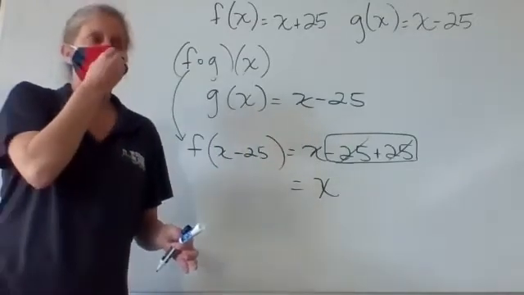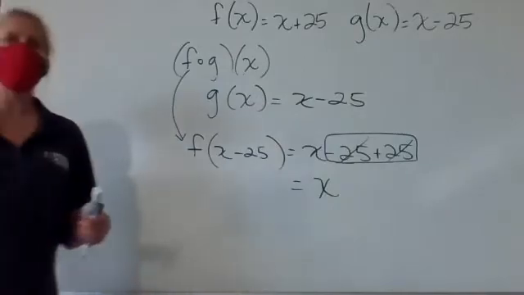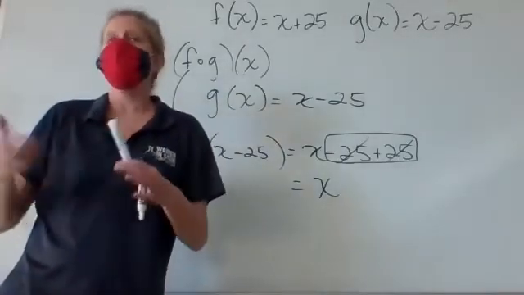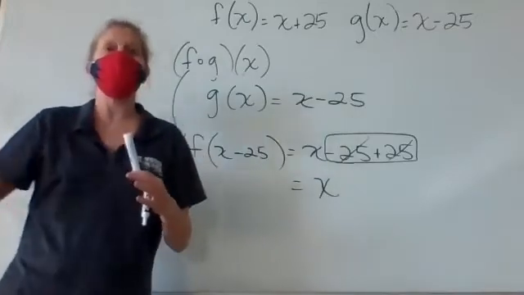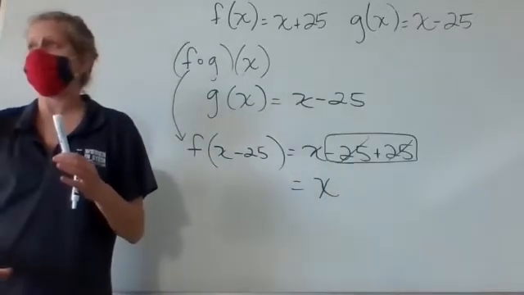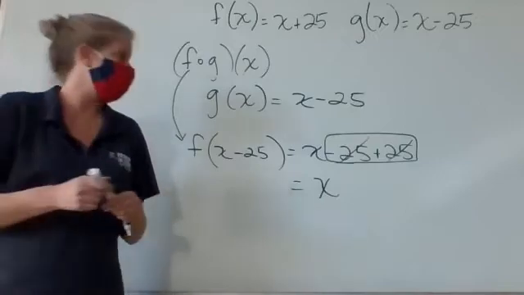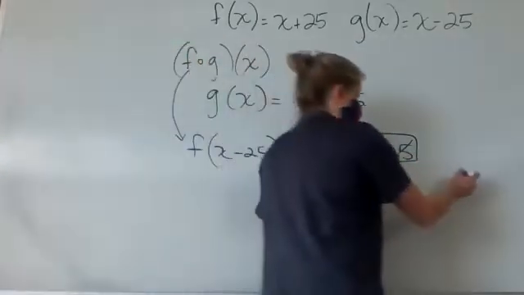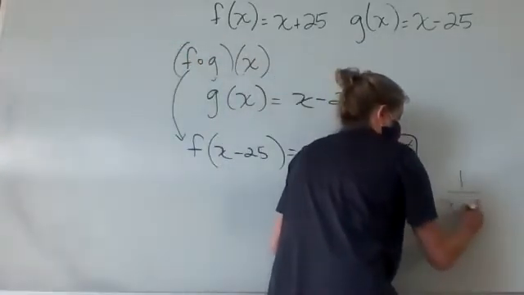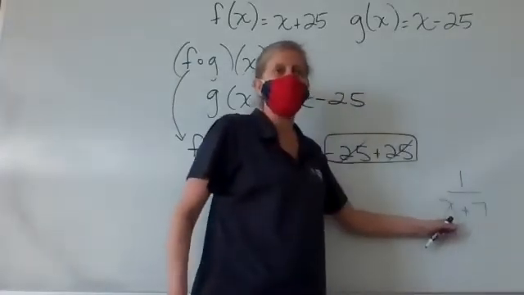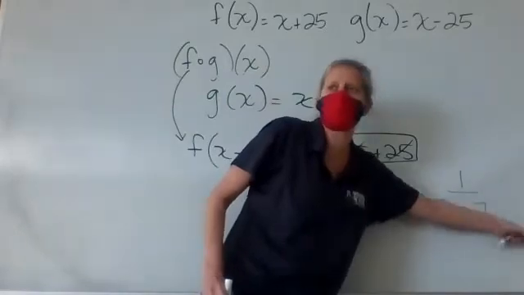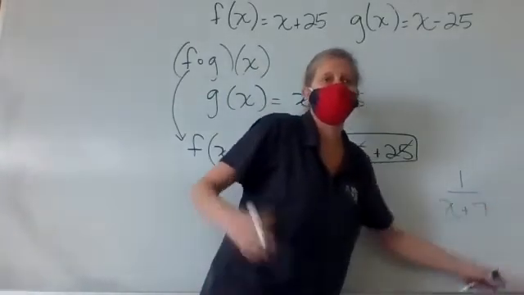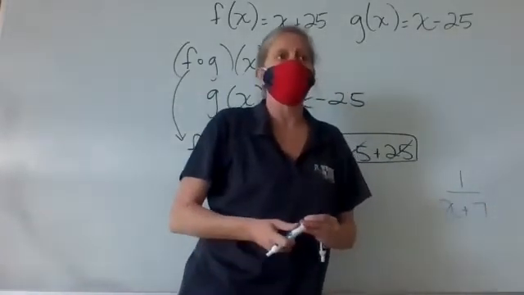So the only thing that we have come across that's given us restrictions when we're talking about domain is if we have an x in the denominator of a fraction, right? Remember, we had several problems, not this, but like if you had one, that would have given me a restriction, right? I would have had to say x plus 7 can't equal 0, which would tell me what x could not equal.